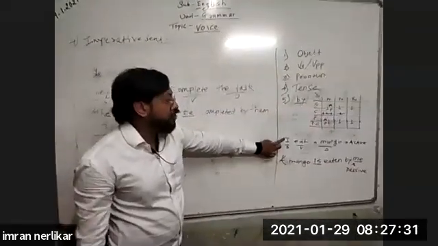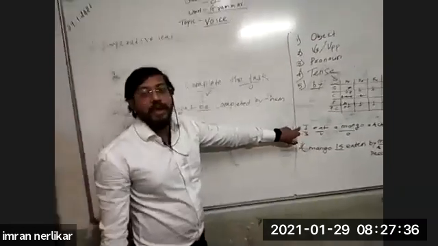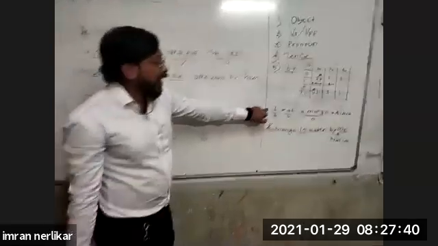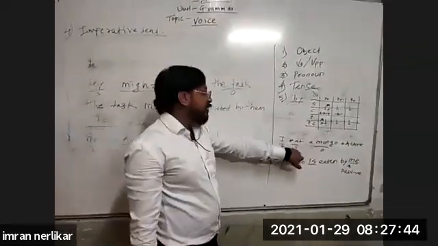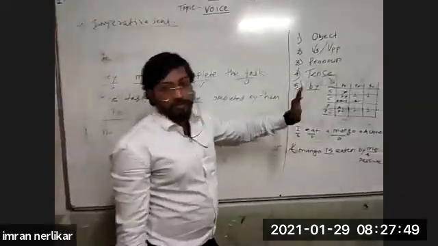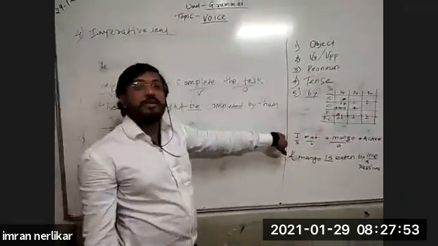In assertive sentences, there are two types: affirmative and negative. Affirmative means positive, which says I eat a mango. This has positive meaning, that's why it is an affirmative sentence. And I do not eat a mango, I don't eat a mango. This is a negative sentence.